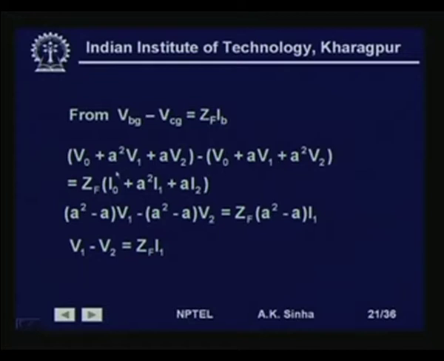So, Vb minus Vc is equal to Zf into Ib, and once we organize this equation, then we get a square minus a into V1 minus a square minus a into V2 is equal to Zf a square minus a into I1. So, this a square minus a will cancel out in all of them. So, V1 minus V2 is equal to Zf into I1.